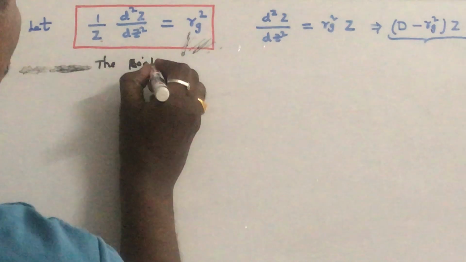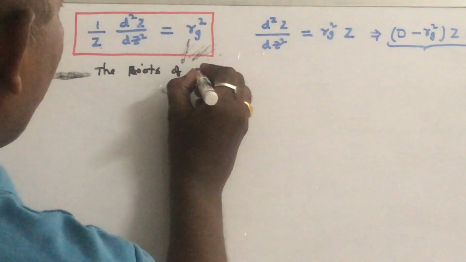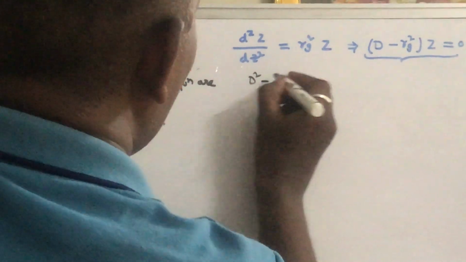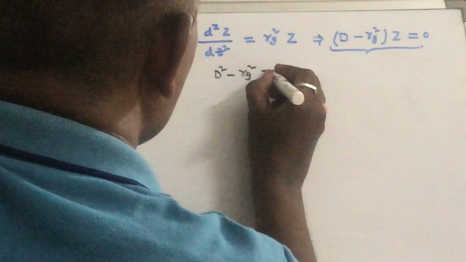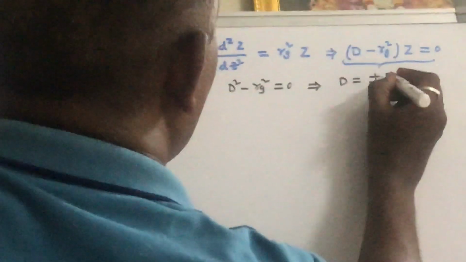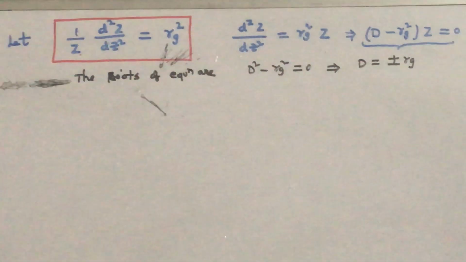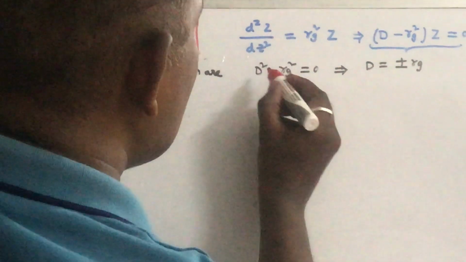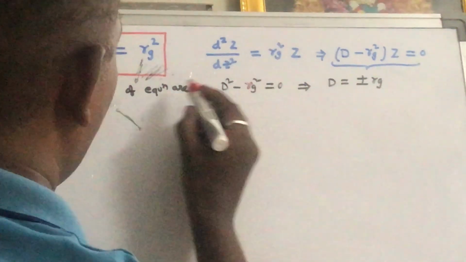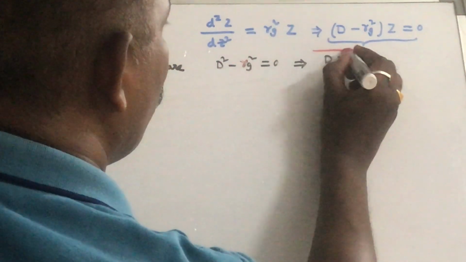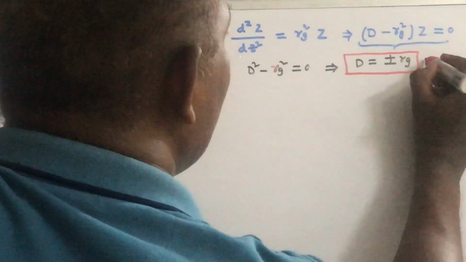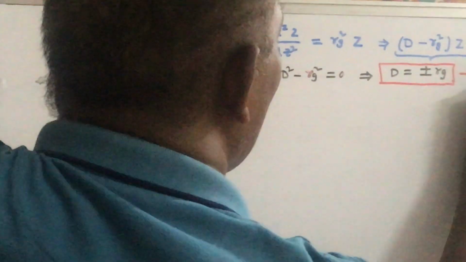The roots of this equation D square minus gamma g square equal to 0 give D equal to plus or minus gamma g. As you know how to solve a differential equation, the roots are minus gamma g comma plus gamma g.